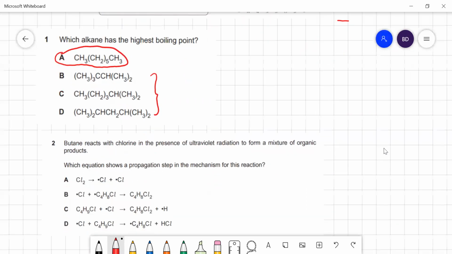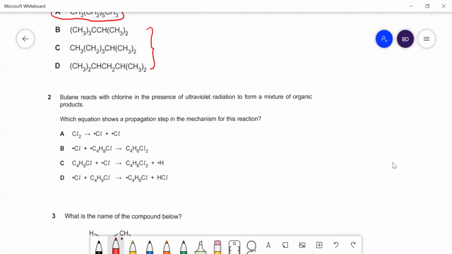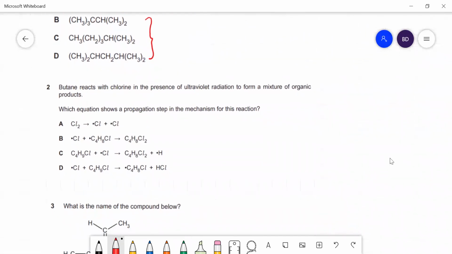Okay. Number 2, butane reacts with chlorine in the presence of ultraviolet, which shows a propagation step. Right, so a propagation step, you need to have a non-free radical species reacting with a free radical to make another free radical. So you can see that this one is actually initiation, isn't it?